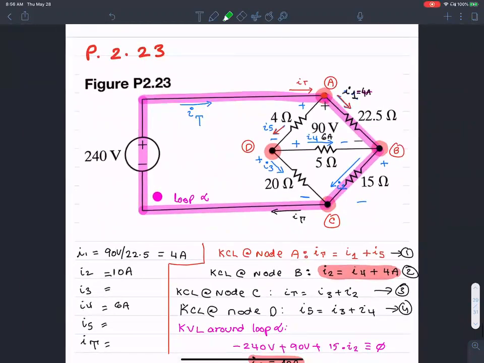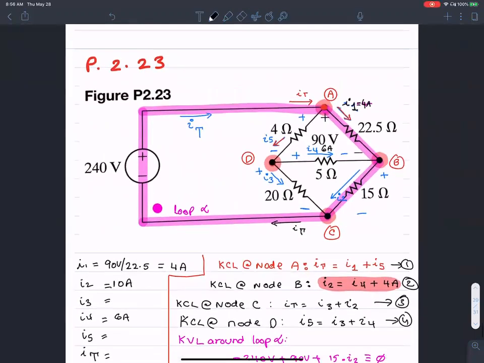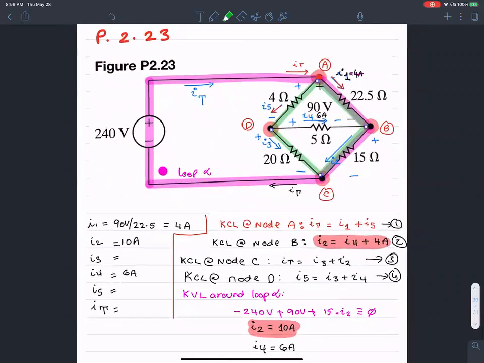Could we do a KVL loop around the diamond shape with all the resistors? Like so? Yes. Sure, but what are the unknowns there? We don't know I3 and we don't know I5 either.